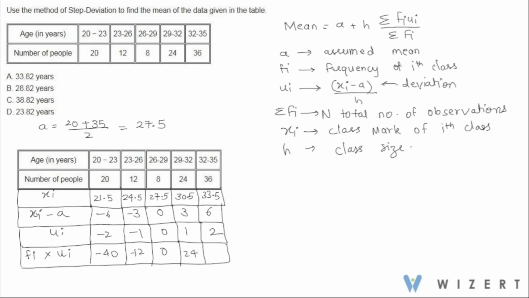Now we can find mean very easily. Mean equal to A, which is assumed mean, so 27.5 plus h, which is 3, multiplied by summation of fi ui. So we will need this summation. So minus 40 minus 12 is minus 52.